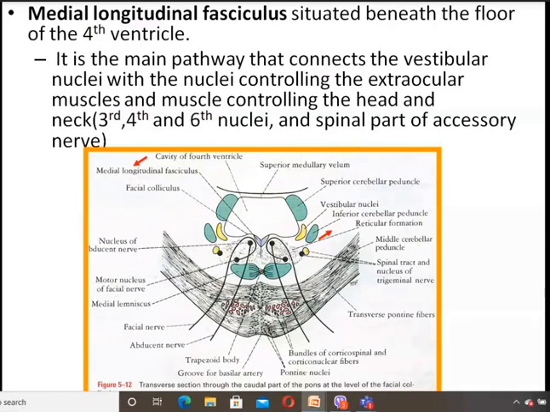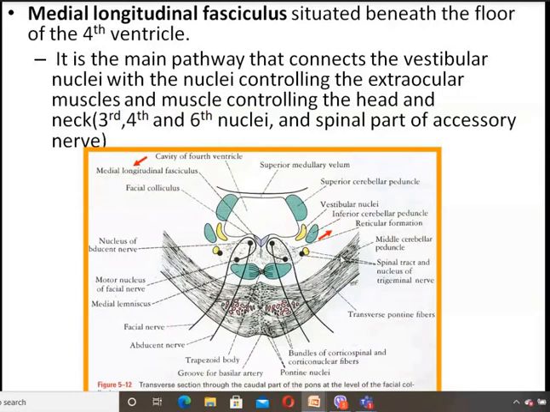So the medial longitudinal fasciculus is situated beneath the floor of the fourth ventricle. The medial longitudinal fasciculus is this. This is the floor of the fourth ventricle and this one is the medial longitudinal fasciculus. It is the main pathway that connects the vestibular nuclei with the nuclei controlling the extraocular muscles.